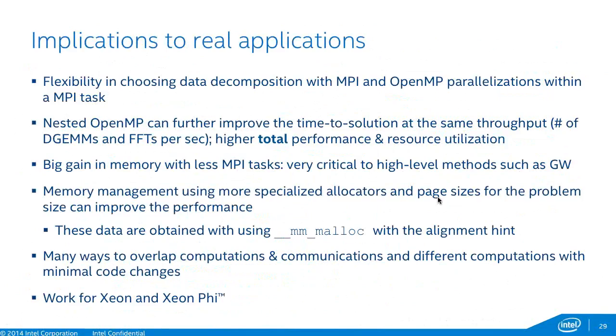Yes, and a question from John. How about hybridizing OpenMP with SIMD? Any suggestions or advice? I assume that is done already in this case. For instance, the data structure to do FFT should guarantee the vectorization already. And I think that is somewhat orthogonal to the discussion we are having.